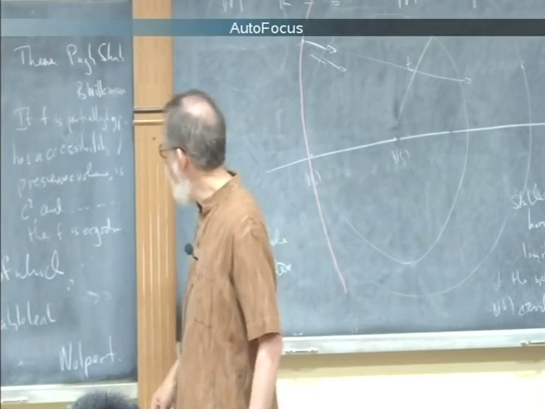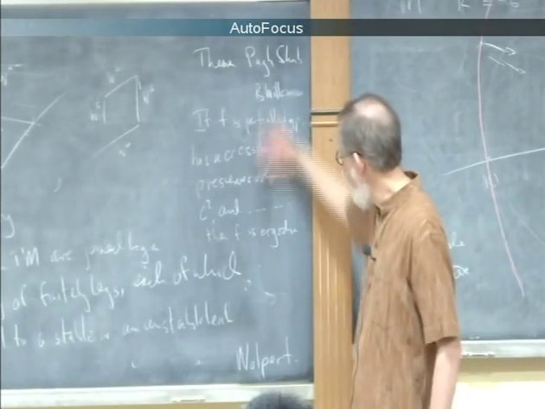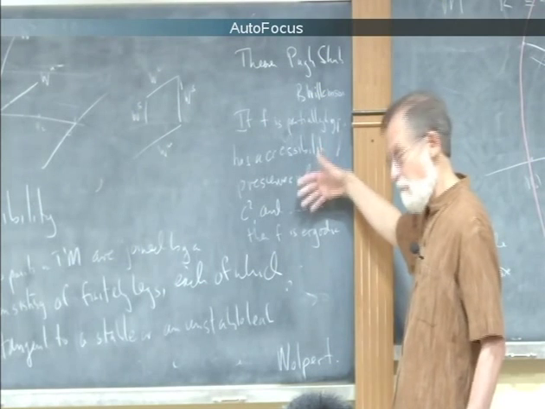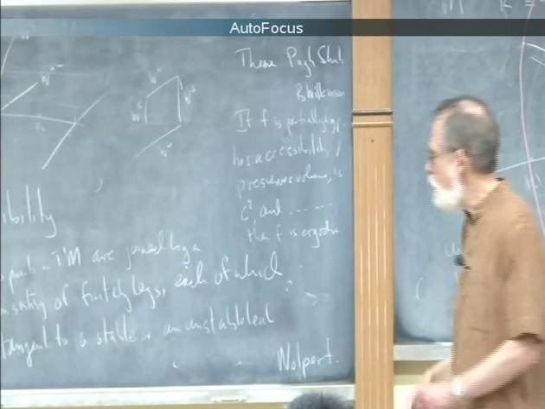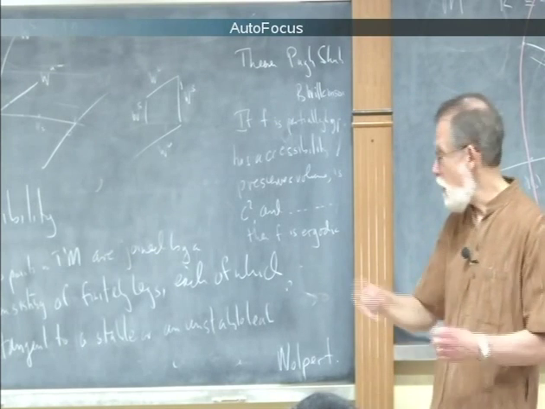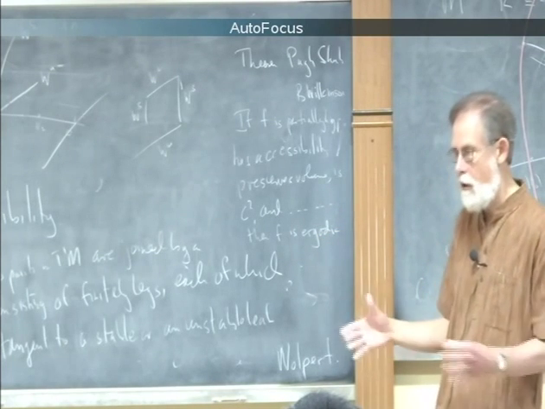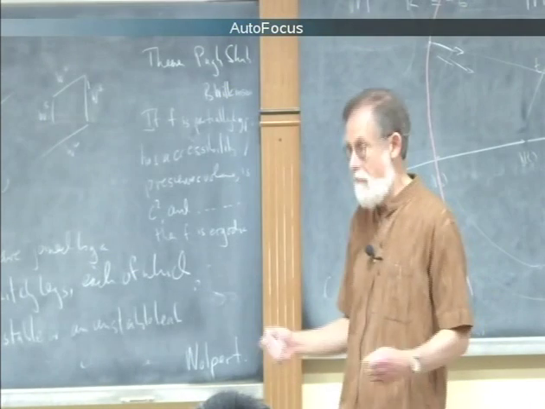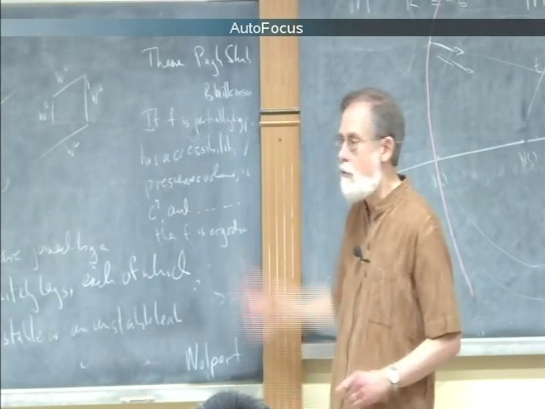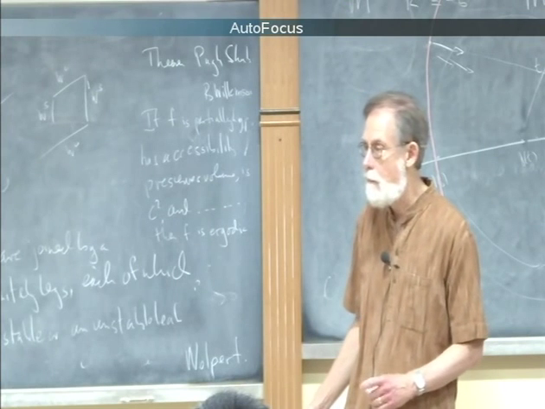But otherwise, all the other hypotheses in the theorem are stable under small perturbations. So you get that not only is your time one map itself ergodic, any other diffeomorphism that's close enough to it is also ergodic.